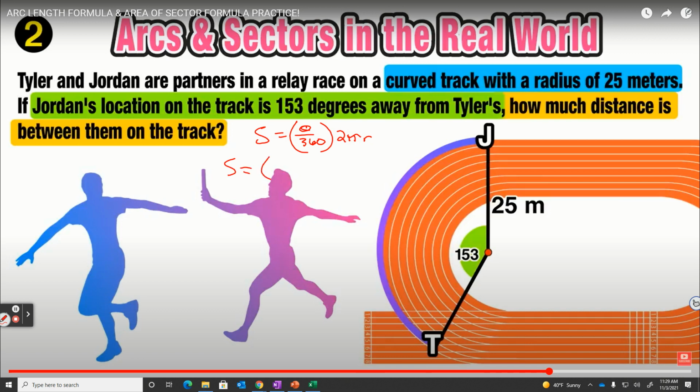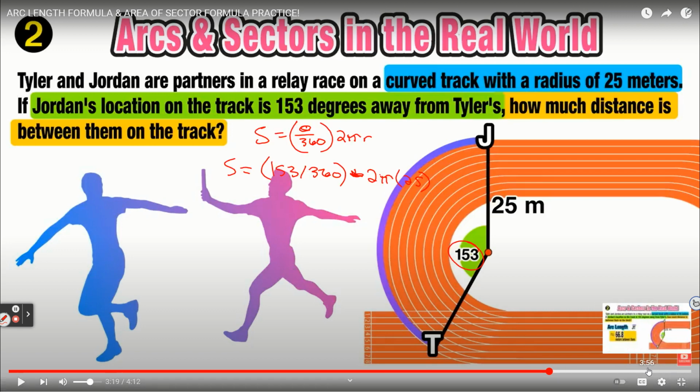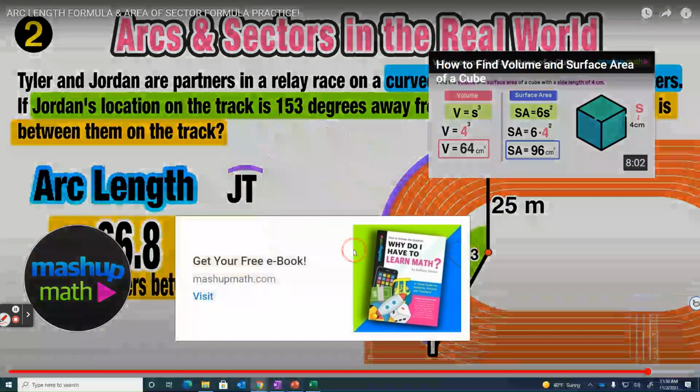Parentheses, our theta is 153 divided by 360, and then I would probably do a times symbol, 2 pi, and then substitute in an r, which is 25. And we get the right answer, 66.8.